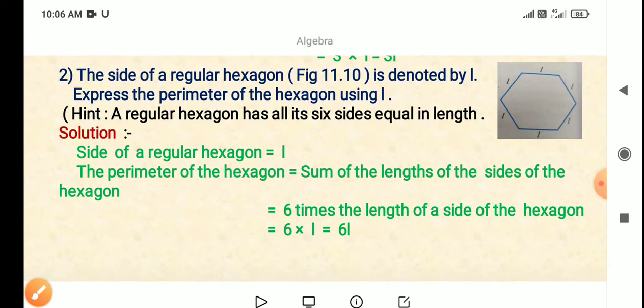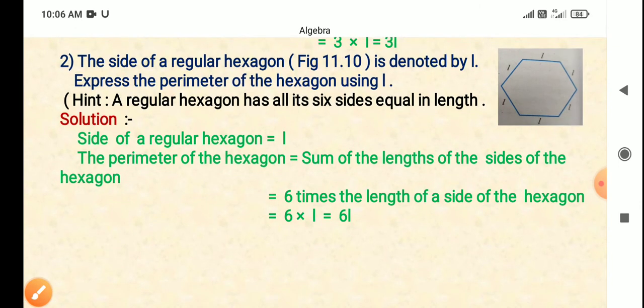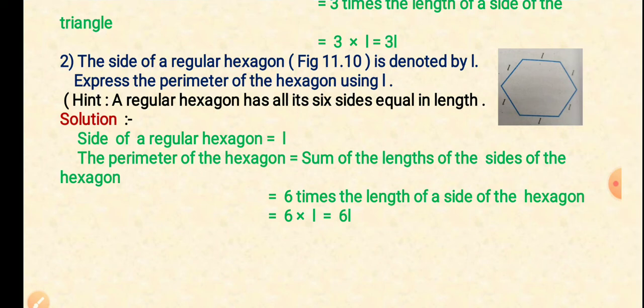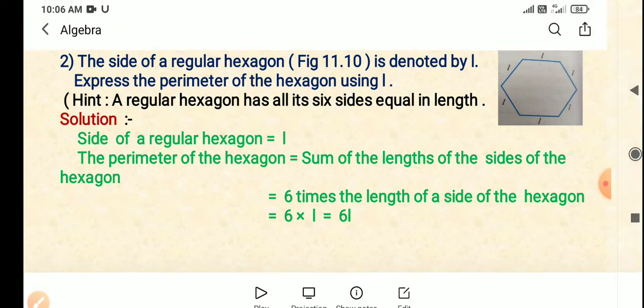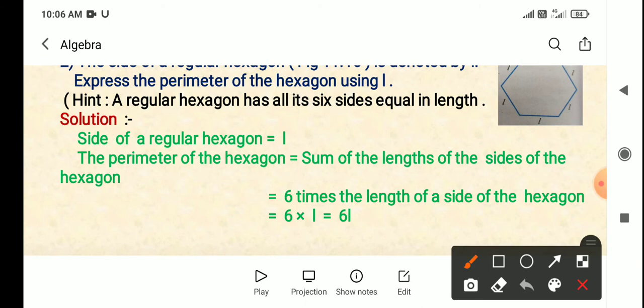Now we have just learned about the equilateral triangle. A hexagon is also a polygon which is made up of 6 line segments. And just now we have seen the hint: a regular hexagon has all its 6 sides equal in length.